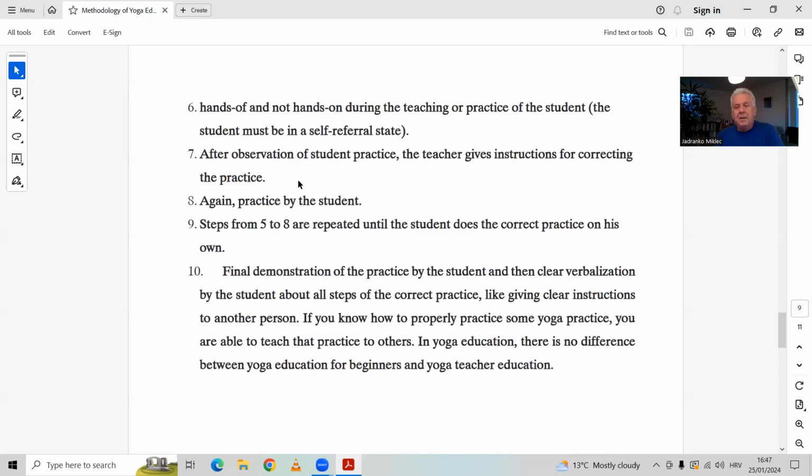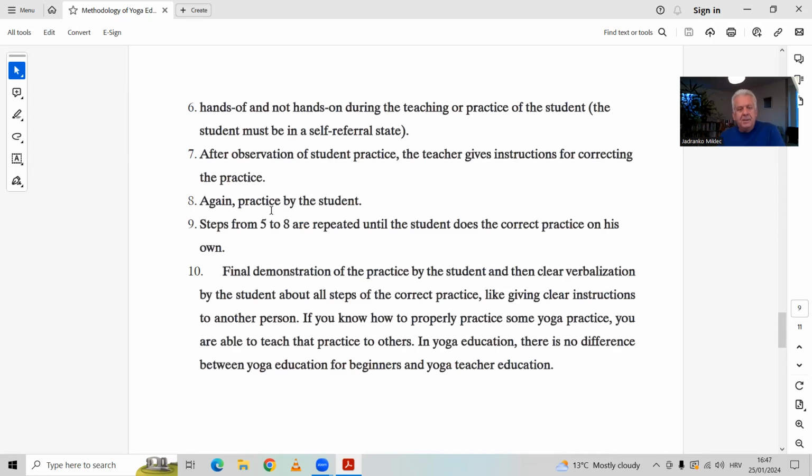And then on that basis, the student tries to understand and integrate that again with eyes closed, making a mental recapitulation of the steps, and in which step some mistake came, so that he understands where he needs to make the correction. And then he does another practice, and the teacher again observes.